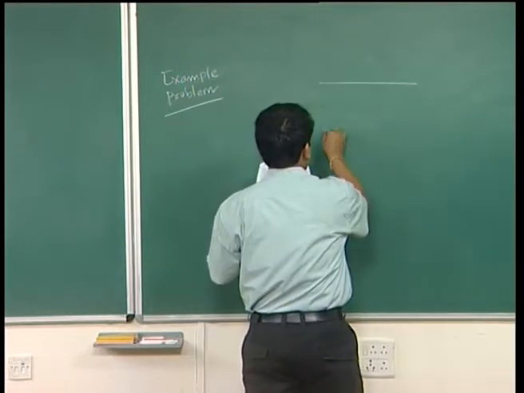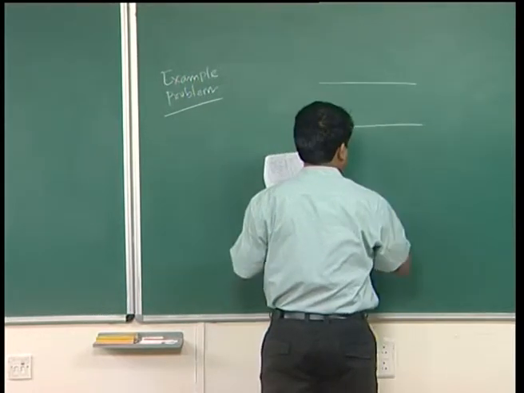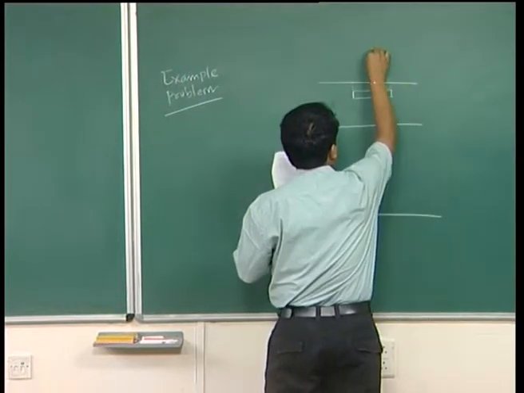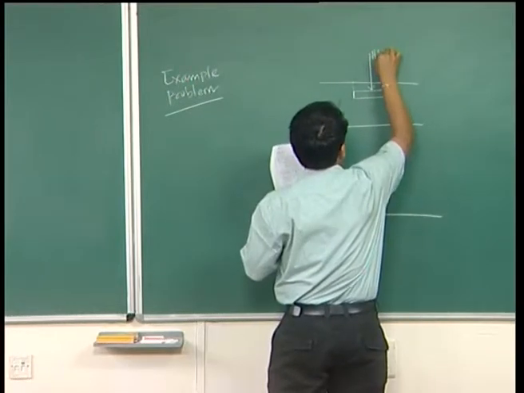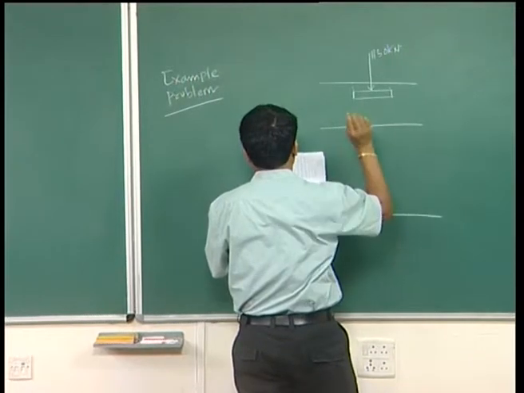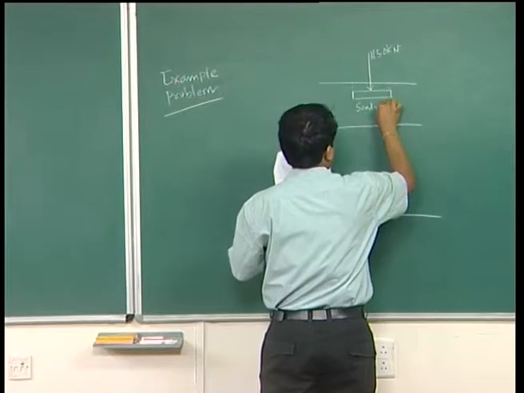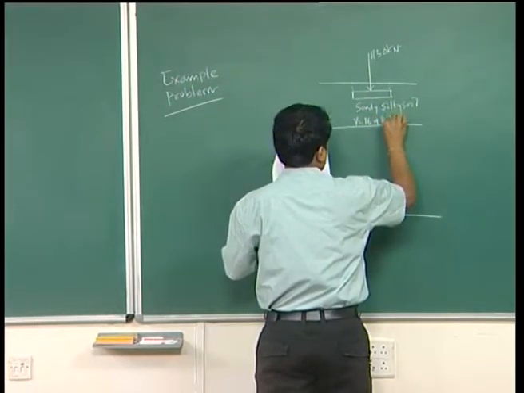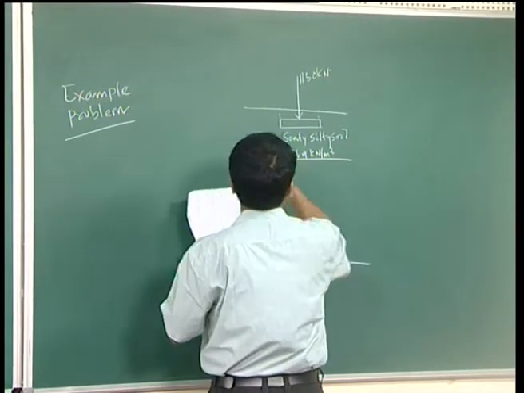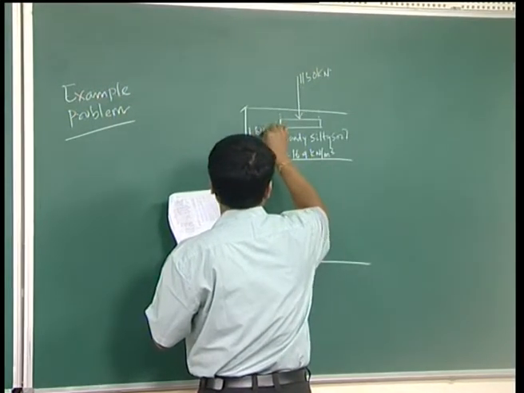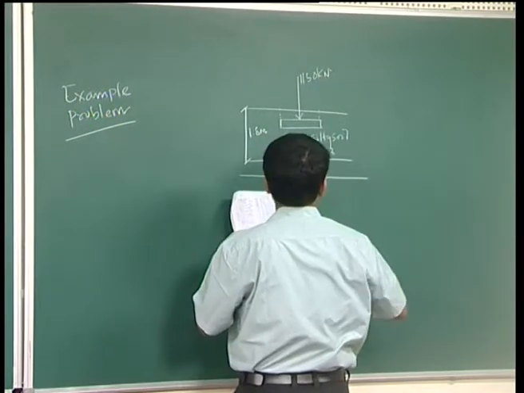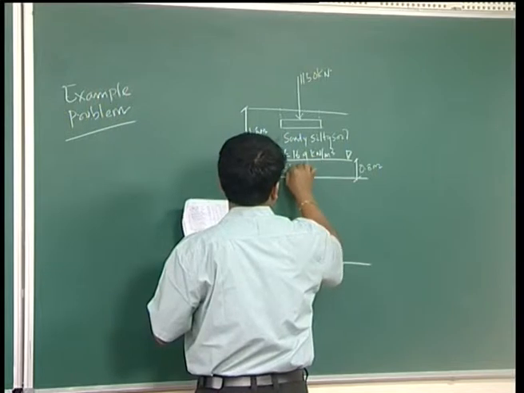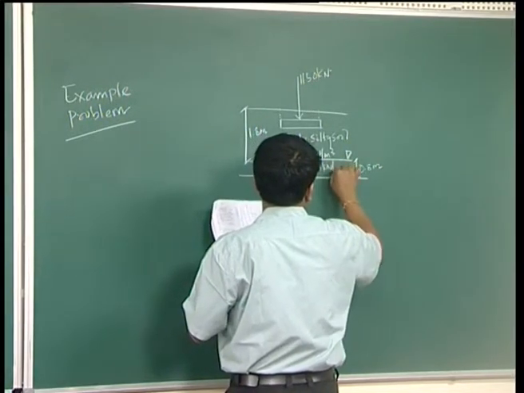So, sandy silty, this is your 1.8 meter, then this is water table is there, 0.8 meter, gamma saturated is equal to 20.3 kilonewton per meter cube.